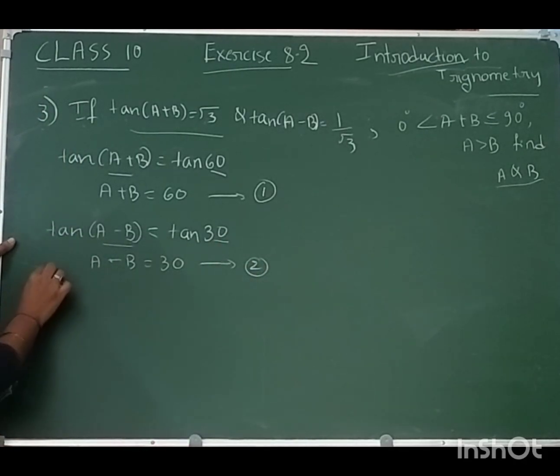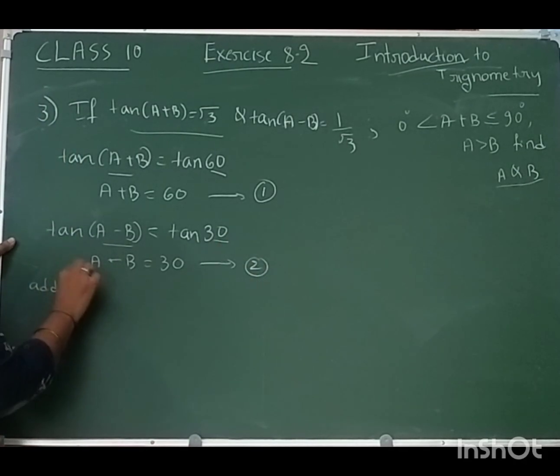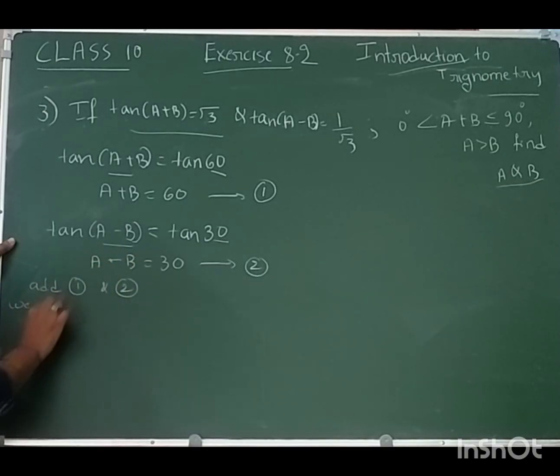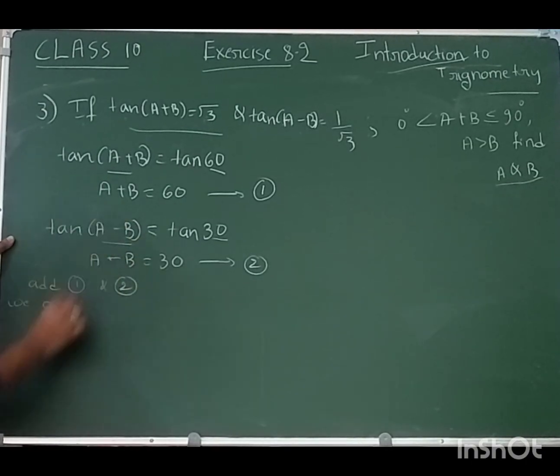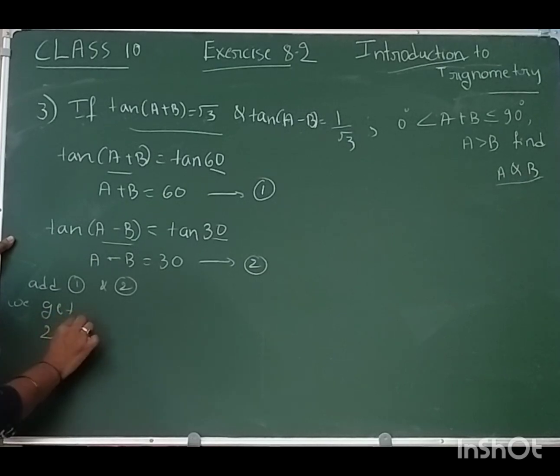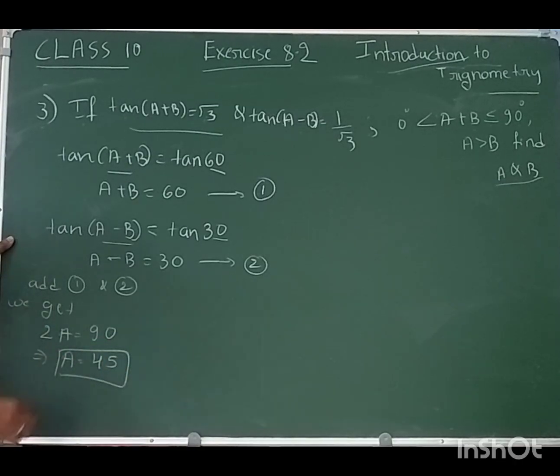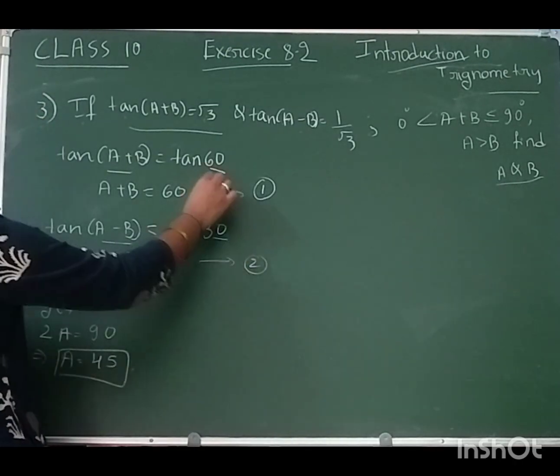So solving equations 1 and 2, by adding equations 1 and 2, we'll get 2A is equal to 90 and A is equal to 90 by 2, that is 45. So we have to substitute this in any of the equations.